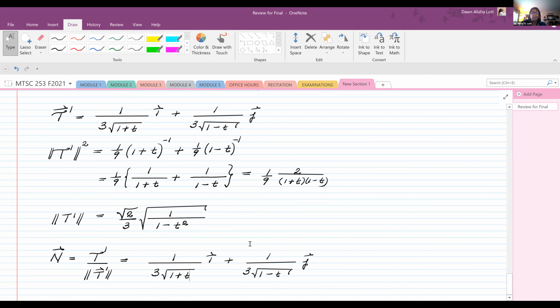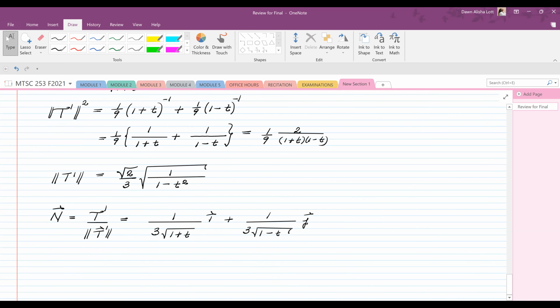And when you divide by its norm, you multiply by the reciprocal, right? So you get 3 over the root of 2, and then you get the square root of 1 minus t squared.